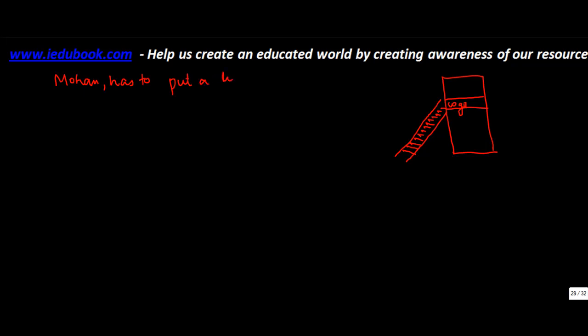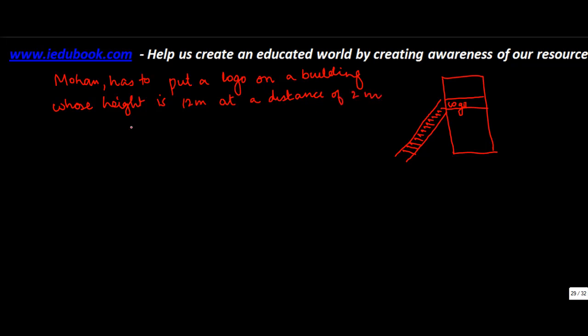Let's see another practical problem on trigonometry. Mohan has to put a logo on a building whose height is 12 meter at a distance of 2 meter from the top.